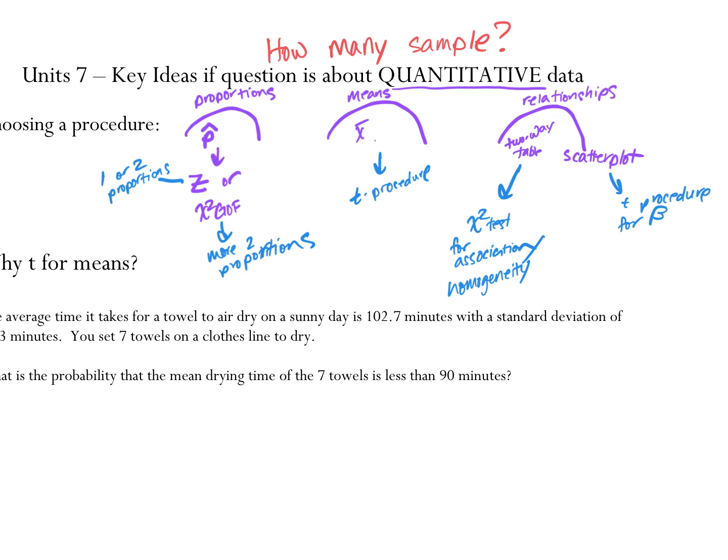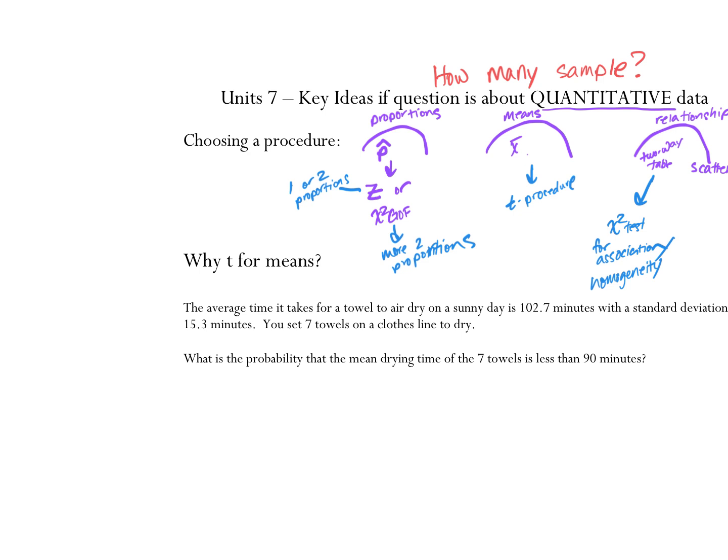Keep in mind that we also have paired T procedures, which we'll talk about on the back page of this. So far, our problems have not been mixed together all that much. But when you take the final or the AP exam, you won't be told what unit something comes out of.